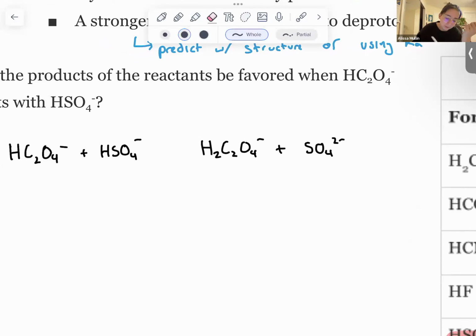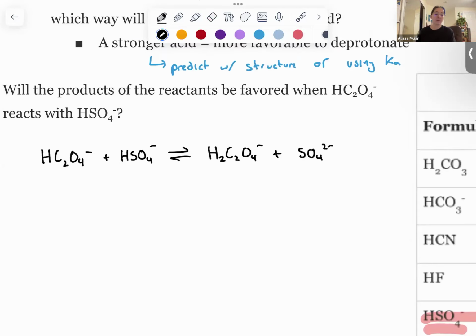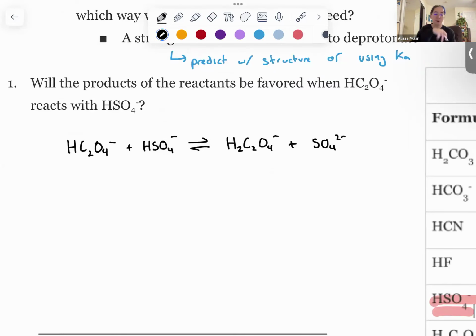But this question is asking, will the products or the reactants be favored when the reaction happens?